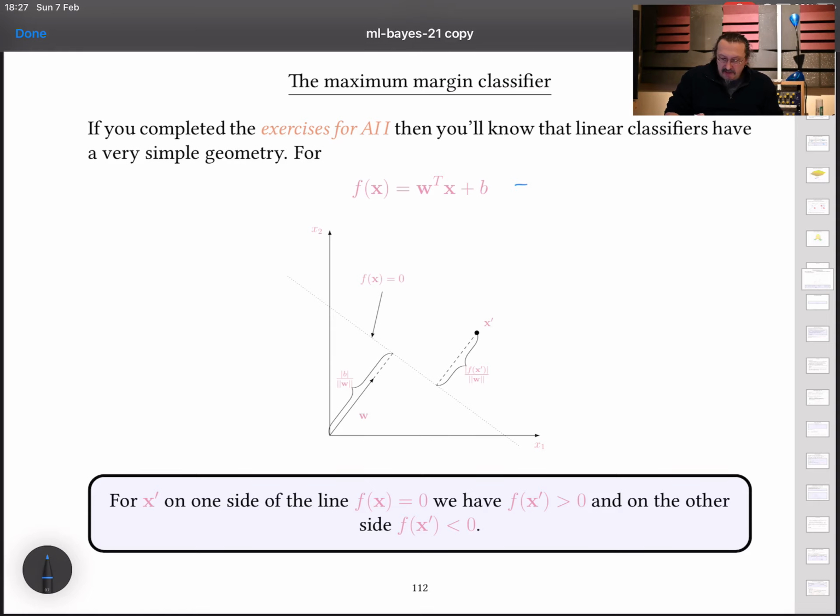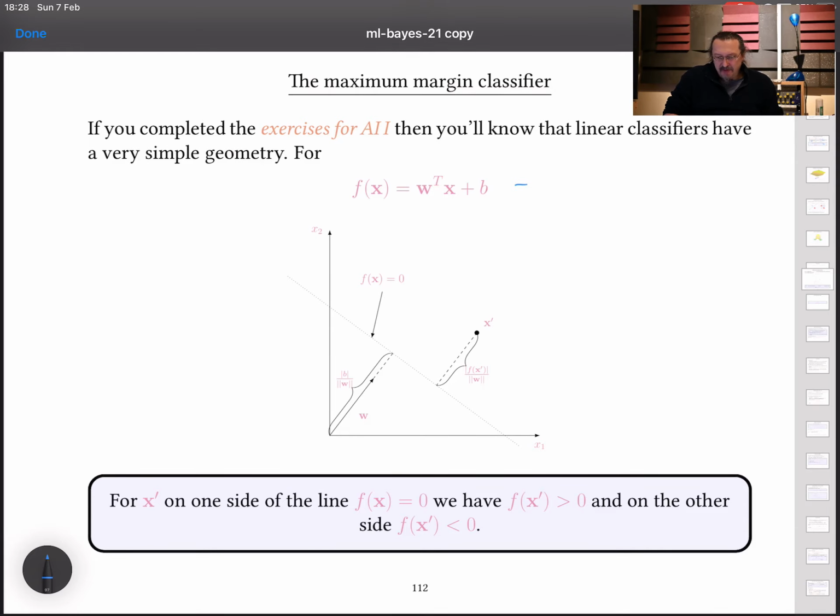It tells us how the decision boundary, the straight line, the solution to f of x equals 0, is oriented, because it's perpendicular to the weight vector, and its distance depends on both the length of the weight vector and the size of the bias. It also tells us how far away an arbitrary vector, x prime in this case, is from that decision boundary.